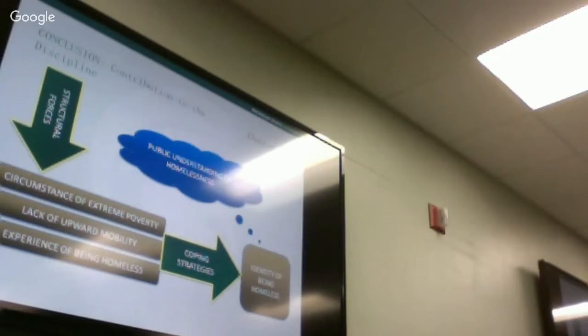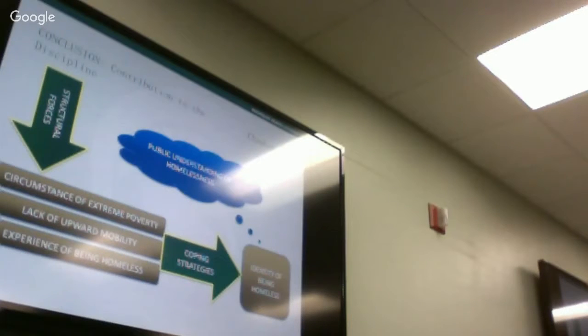I recommend that we look at the structural forces through these specific things, the circumstance of extreme poverty, lacking upward mobility. Really, there's nothing for them to work up towards, as I said in my proposal defense. If they get housing, they make less than $10,000, so it's not like they're making a big jump.